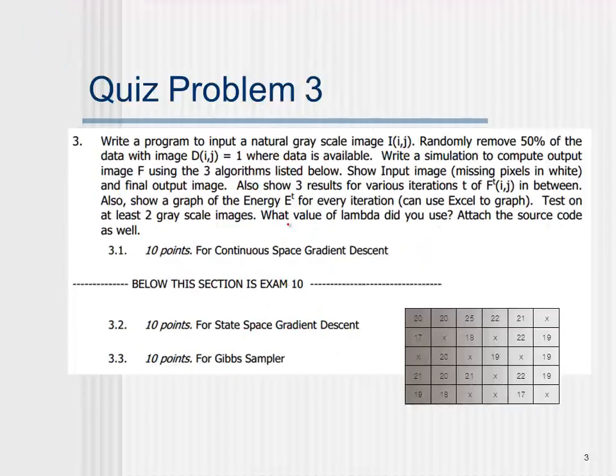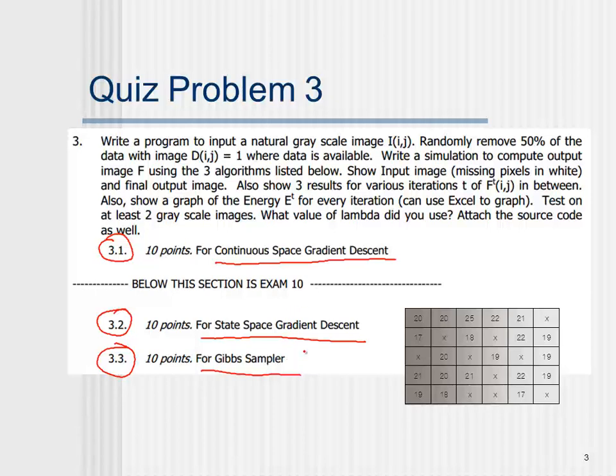Okay, so let's go on to problem number 3, which is actually made up of 3 problems. It's actually solving the same problem using 3 methods. The first one is continuous space gradient descent. The second one is state space gradient descent, and this one uses the Gibbs sampler.